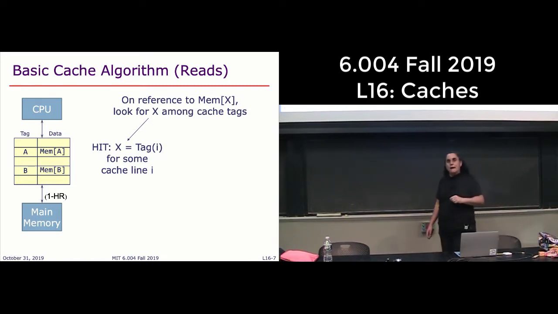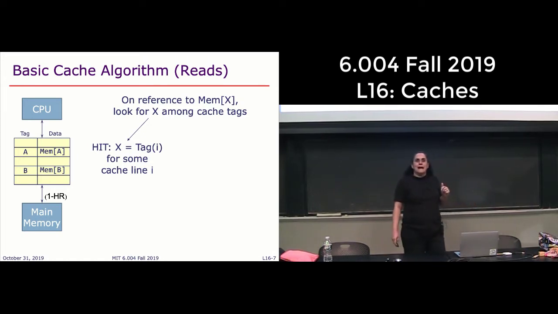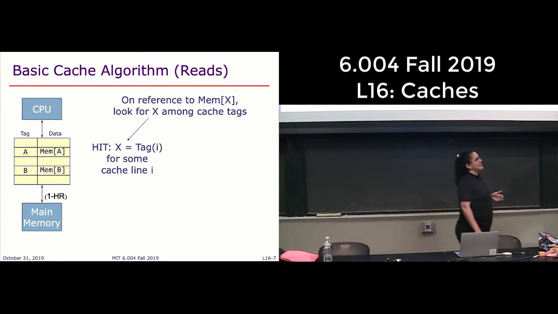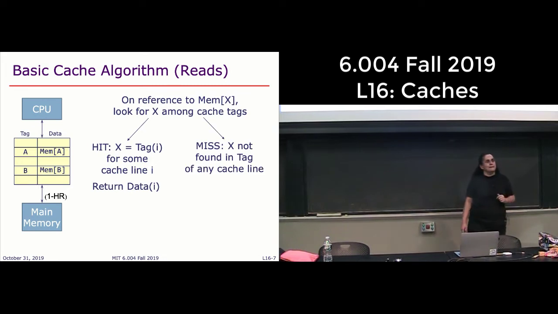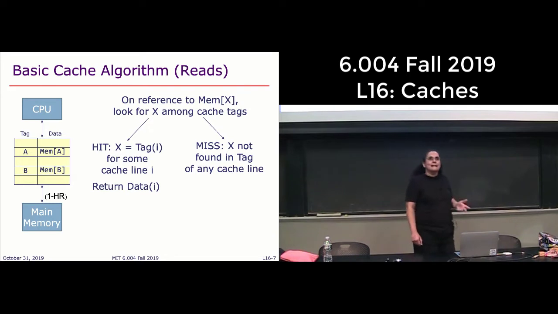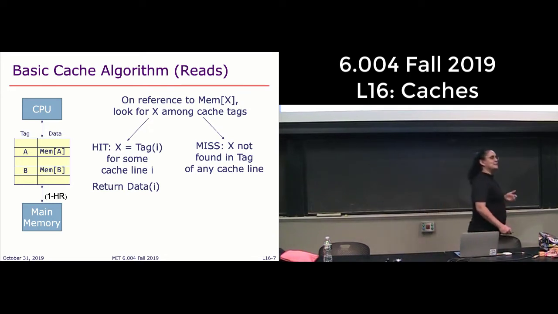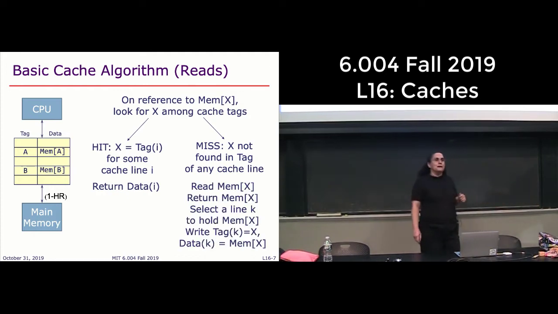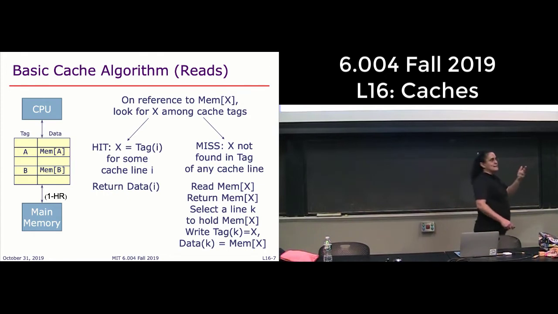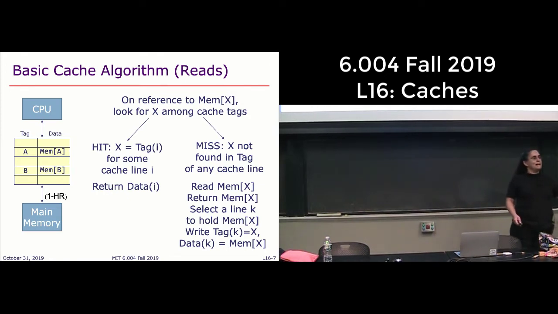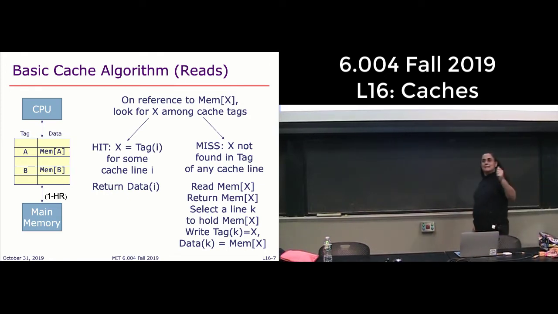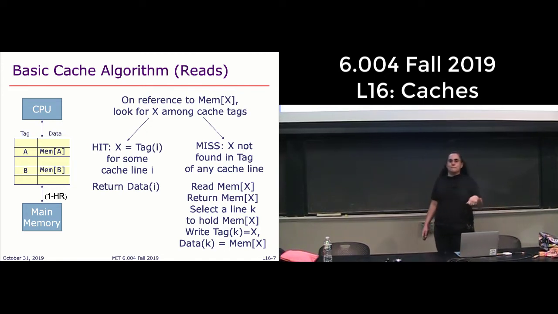Okay? But if I don't find a match in any of the tags, then I get a miss. So what happens now? If I get a miss, this means that I didn't find it in my cache, so I have to go to main memory and fetch the data from there. I'm going to read that address X, get the data back and send it back to my CPU, but in addition, I'm going to put it into my cache. So what does it mean to put it into my cache?